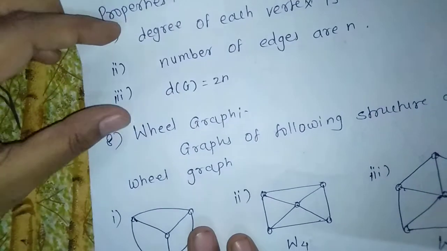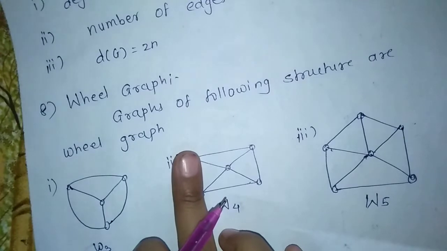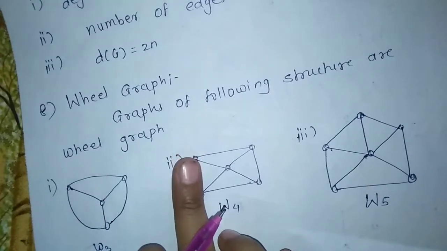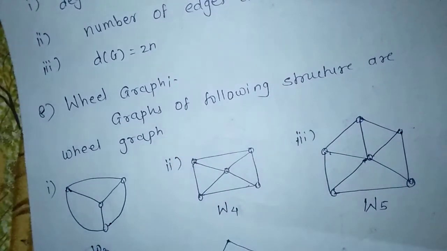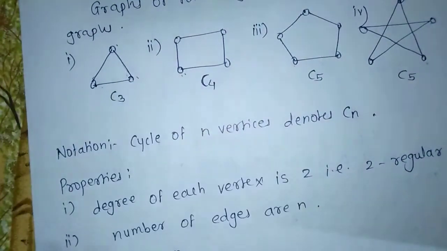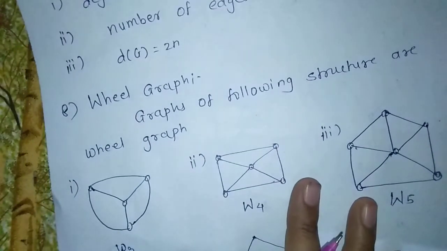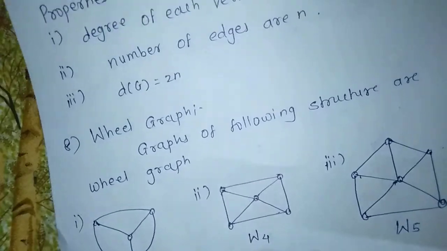Next, the wheel graph. Graphs of the following structures are wheel graphs. We obtain a wheel when we add an additional vertex to the cycle Cn and connect this new vertex to each of the n vertices in Cn by new edges.